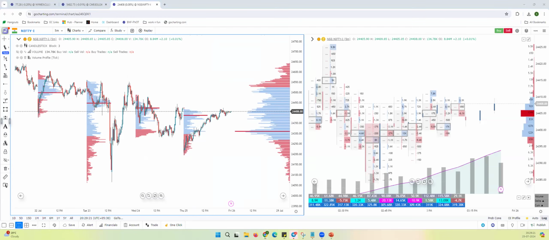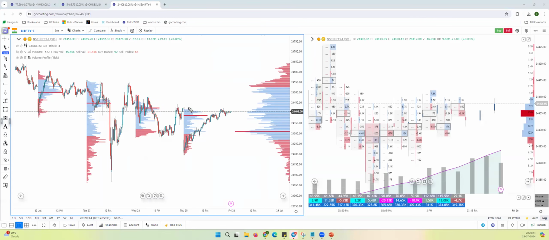So highlight a region where 70% of the trading has happened. That is my most traded region in the market. The most traded point is called the VPOC, which is highlighted in red. So I have one, value area, and two, VPOC. These are the two things we are looking for.